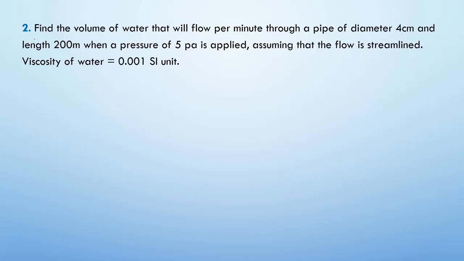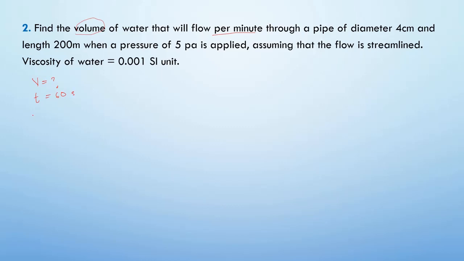So what are we asked to find? We are asked to find the volume of the water which will flow per minute. We are given the time of flow, per minute, say 60 seconds.